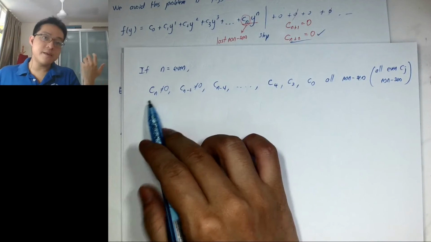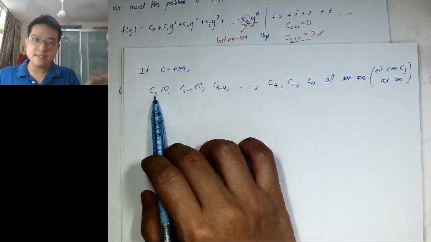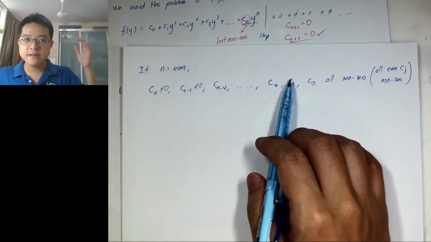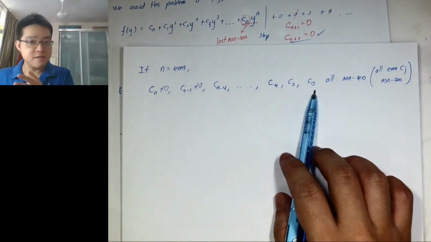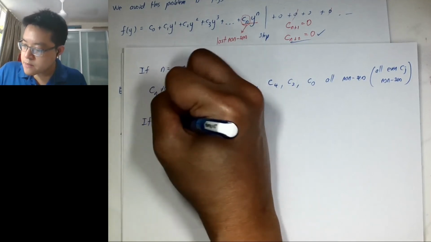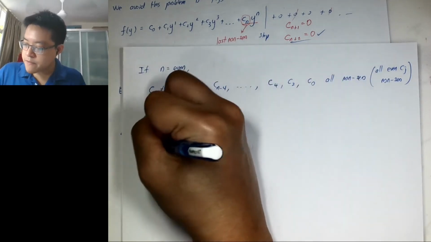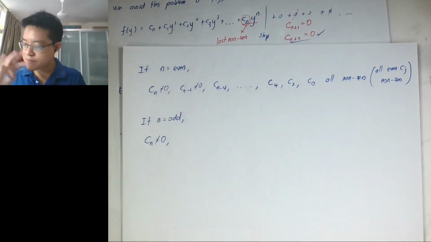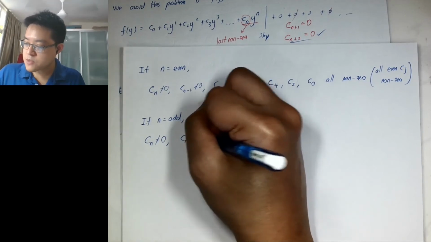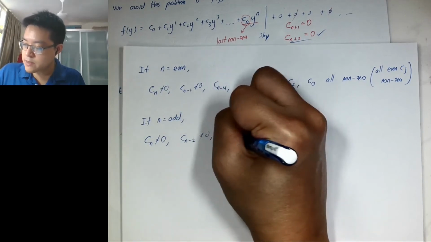Let's say n is 16, right? So 16, 14, 12, 10, 8, all the way until 0. Now, if n is an odd number, then of course this is the last non-zero term, so Cn non-zero. The next odd number also not zero. The next one non-zero.